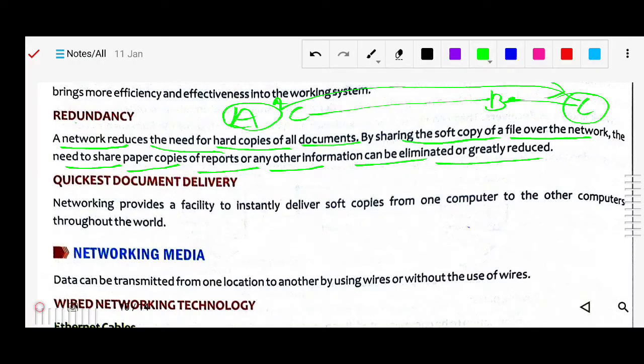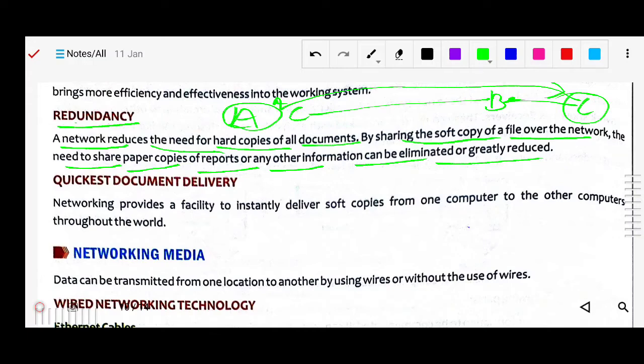Otherwise you have to take a print out and share it as a hard copy. Actually the meaning of redundancy is useless things. Why do the wastage, taking the print out and so on? To get rid of that we can just share these things.